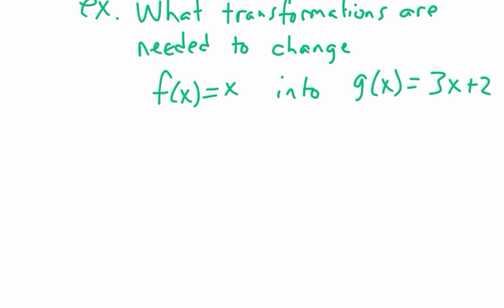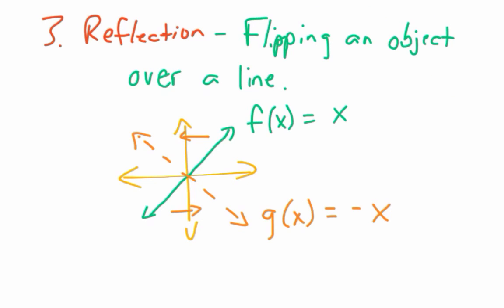So for that we really have two things. We change the slope and we change the y-intercept. Agreed? So which one of these three changed the slope?